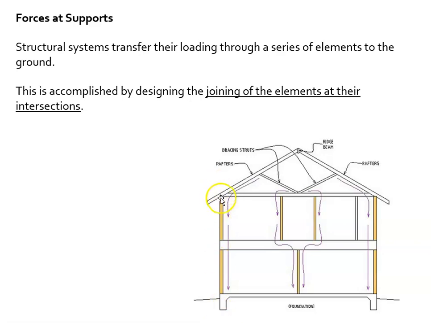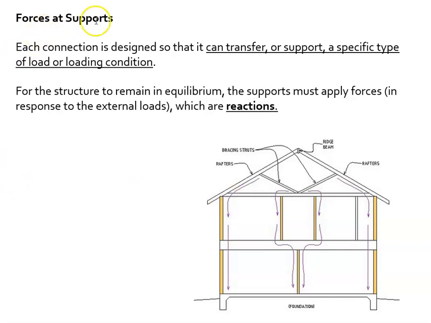Then these members are joined, and that load, that weight of the snow, has to move from that rafter to that wall. Right there is where those two points are joined, and that load has to be transferred. A lot of design consideration and money and effort goes into the designing of connections. So that is the force at the support, and that is pushing back.